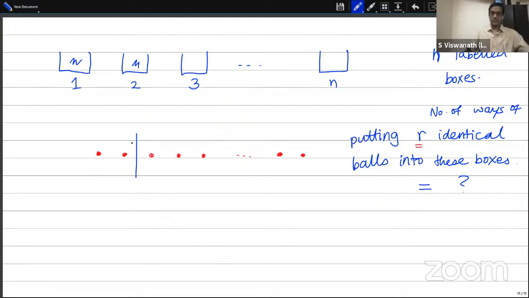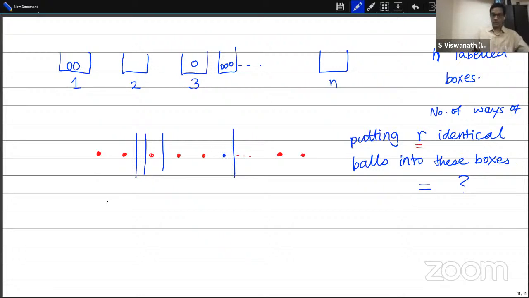If there are no balls in the second box, let's say the second box is empty, then I'll put the divider immediately there. Say there is only 1 ball here. Let's draw a configuration. If there are 2 balls, no balls, 1 ball, then I put a divider here, and so on.